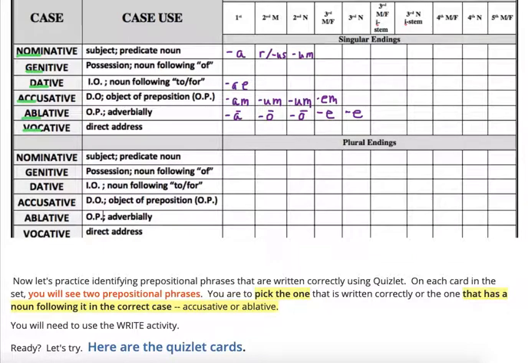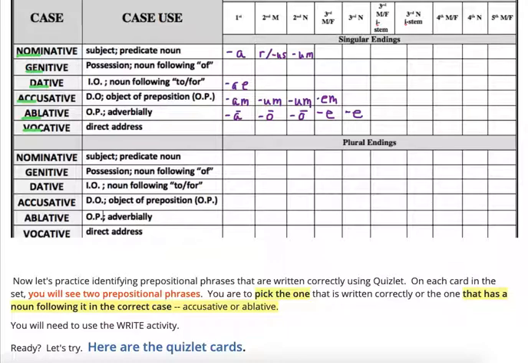Now what I'd like you to do is practice identifying prepositional phrases that are written correctly. And I have a set of Quizlet flashcards for you to be able to do that. You're going to be using the write activity to go through the flashcards. And on each card in the set, you are going to see a prepositional phrase in English, like without help.